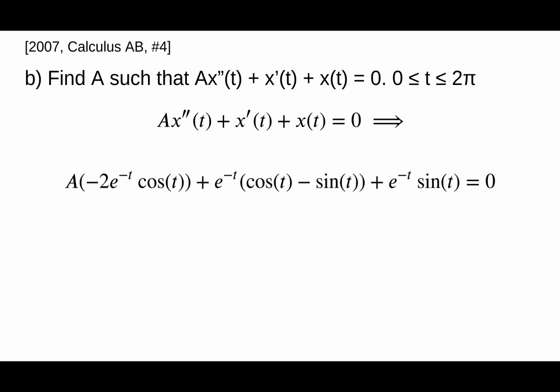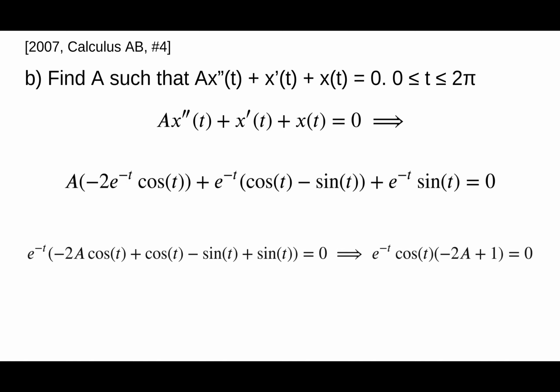So now we have all of this. We have a constant a times our second derivative plus our first derivative plus our original function has to equal 0. Notice a bunch of this stuff is going to cancel out. We're going to get e to the negative t times negative 2a cosine t plus cosine t minus sine t plus sine t. Notice the sine t's cancel out. And that is supposed to equal 0.